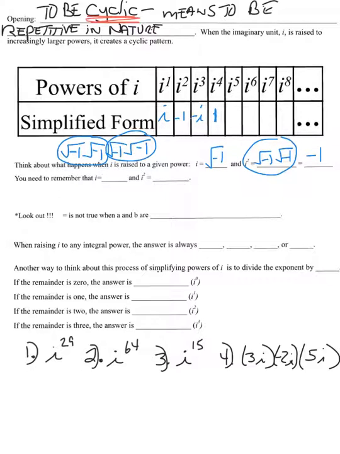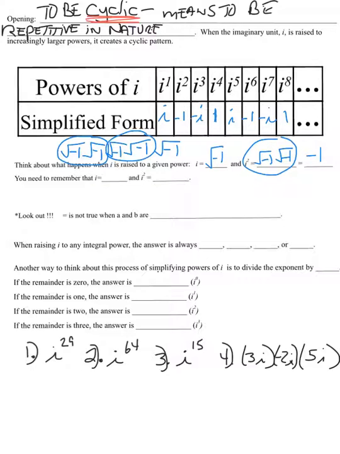The pattern would continue, because if I put another one for a fifth power, now you've got basically 1 times the i, so you're back to just i. And then the sixth would pair up again, and you would have -1 times -1 times -1, three sets, so that's going to be -1. Then you will get -i again, and then you will get back to 1 again, and i to the 9th, and so on, keeps going in this pattern, and that's what we call a cyclic pattern.